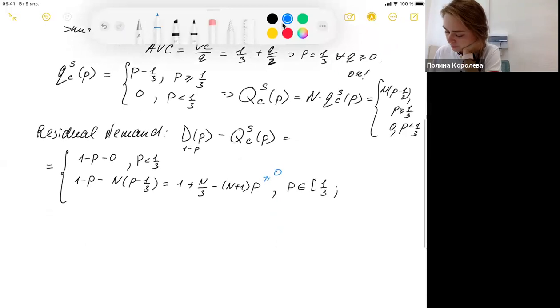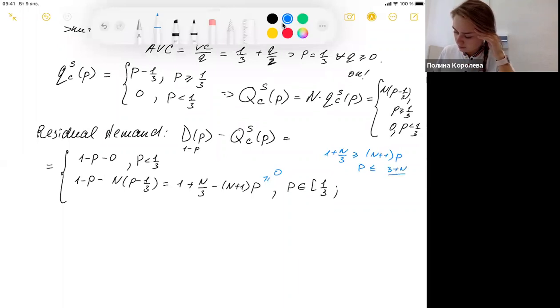This will be 1 plus n over 3 greater or equal than n plus 1 times price. So price should be less or equal than 3 plus n over 3 times n plus 1. So this is the last price for which residual demand looks like this.